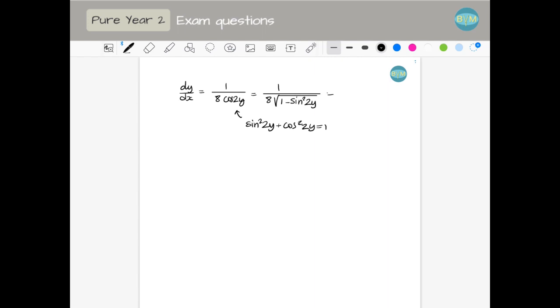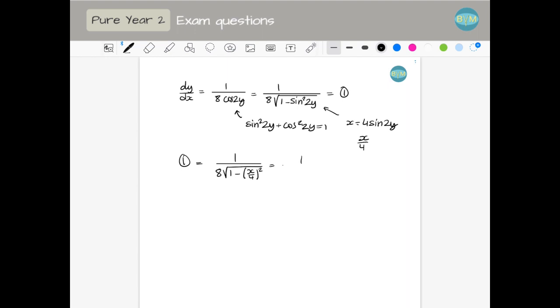And then now what I'm going to do is use the function here. So I know that x is 4 sine 2y, which means I can write sine 2y as x divided by 4. So I'm carrying here, and I have 1 over 8 square root 1 minus x over 4 squared.